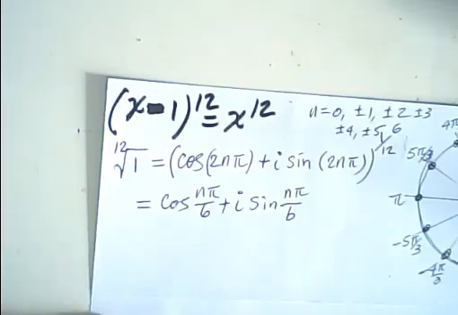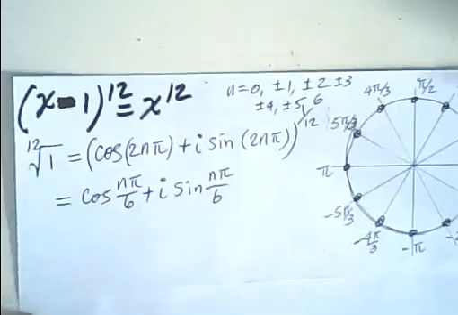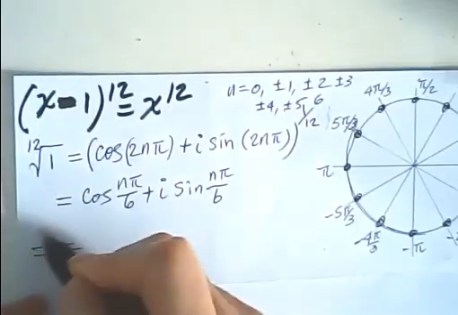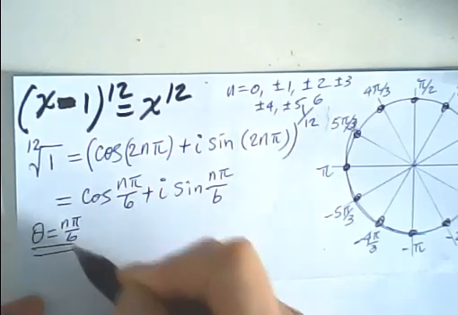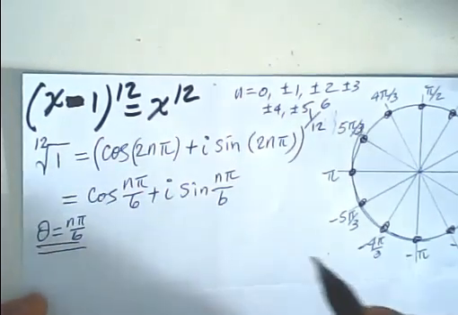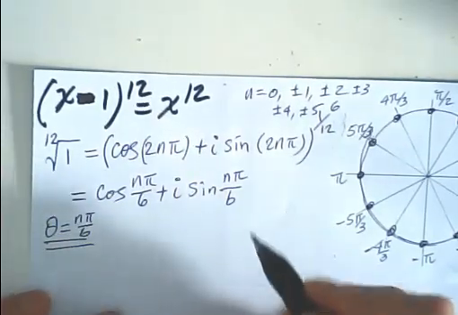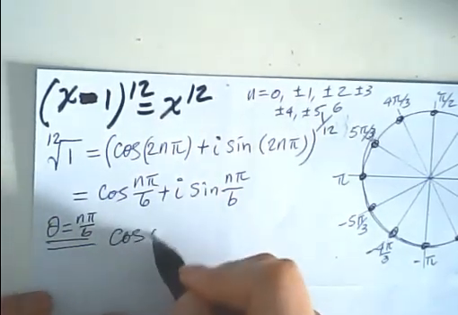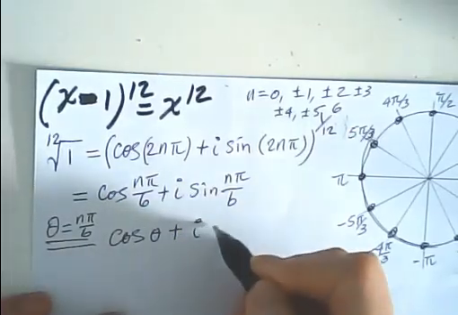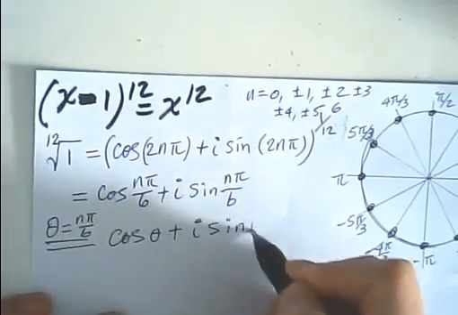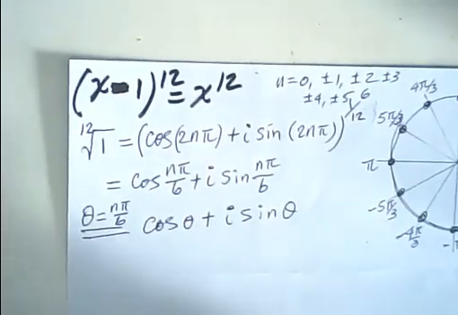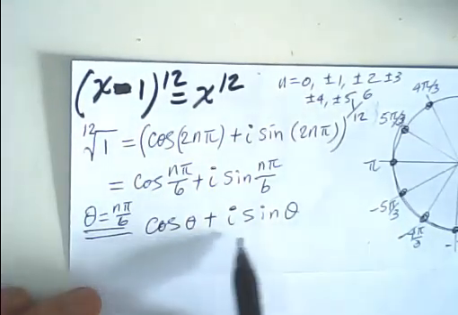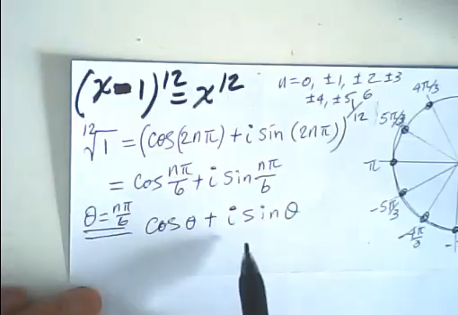Okay, if I assume that theta is equal to n pi over 6, then my 12th root of 1 is equal to cosine theta plus i sine theta. Just simplify to use it in a calculation of x. Okay, so this is my 12th root of 1.